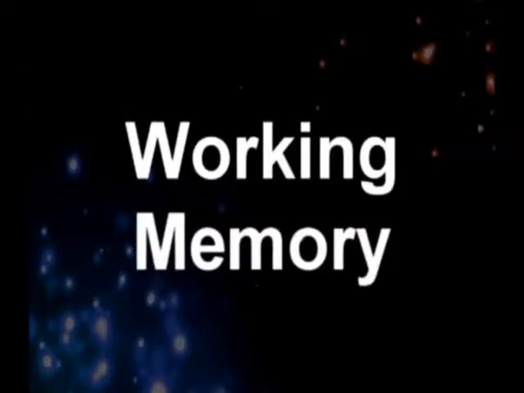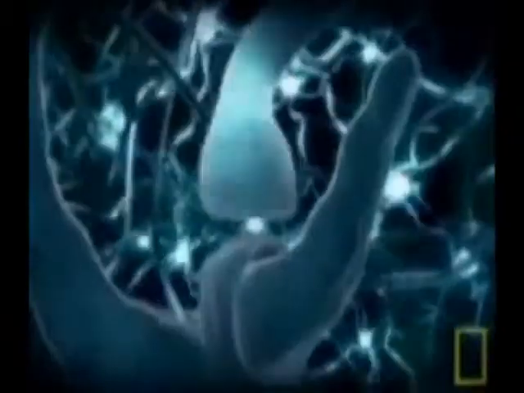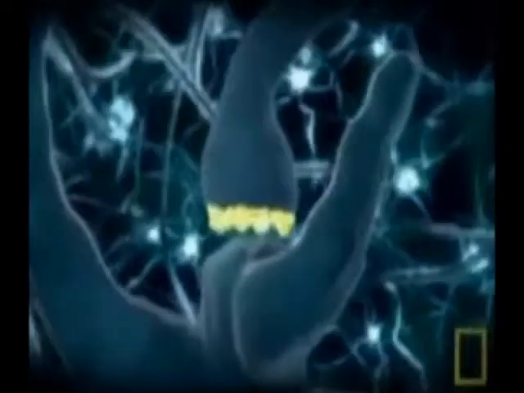Number 3, working memory, which is the part of long-term memory which is currently in consciousness. Working memory refers to the whole theoretical framework, structures, and processes used for the temporary storage and manipulation of information. These 3 aspects of memory work closely together, and each has its own function and processes.